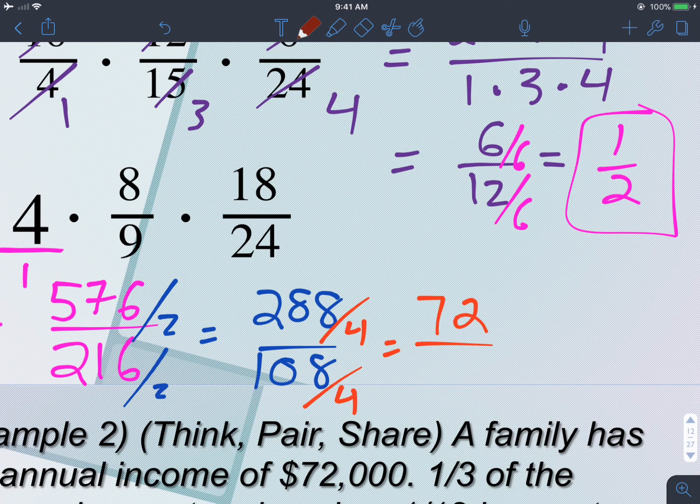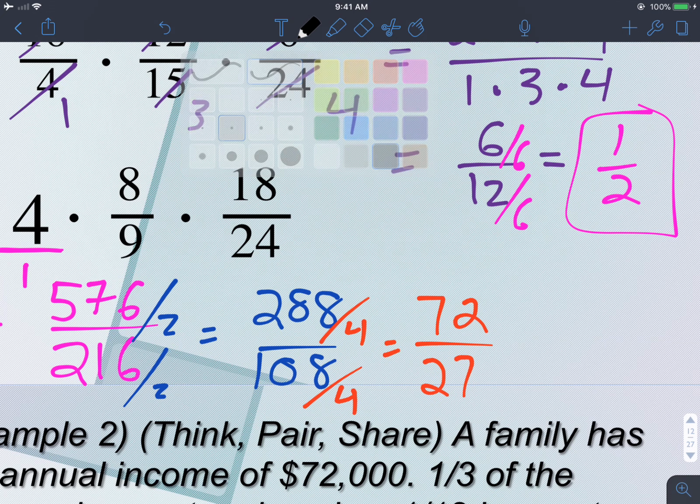I hope. Not done yet. 72 and 27. 3 will go into that.